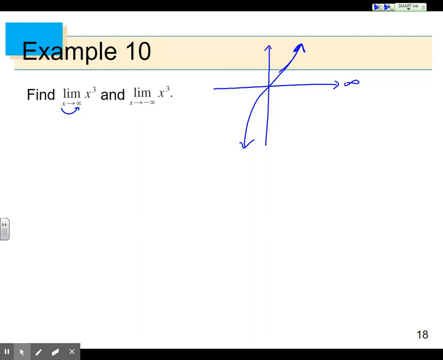It's going up to infinity. And on the left side, as x is going off the left side of the graph, it's going down to -infinity. So this would simply equal -infinity. Not too much to think about on those.